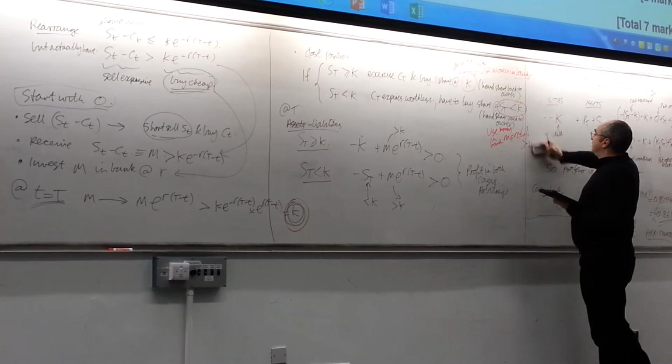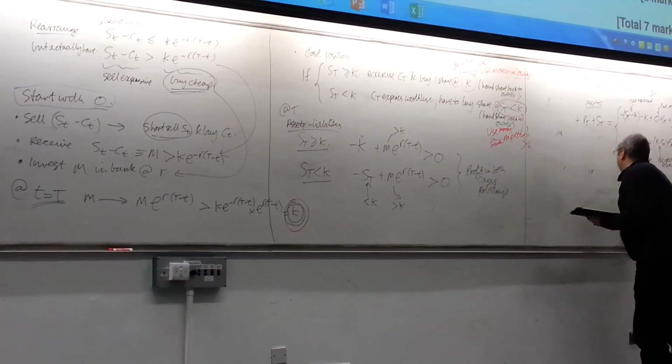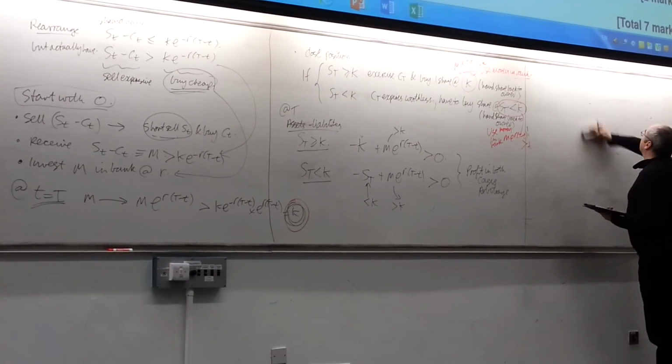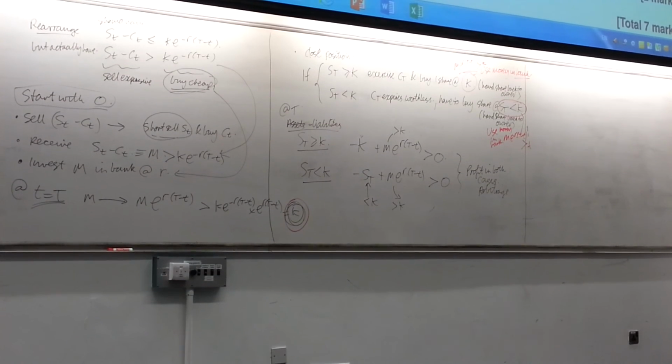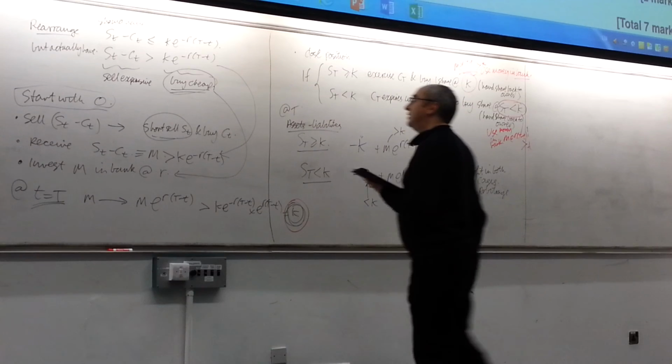So the question actually asks you to work out what that profit is if the share has gone up to a certain value. So let's now do that. So, what have we got? We've got basically my profit here. So I put that in.